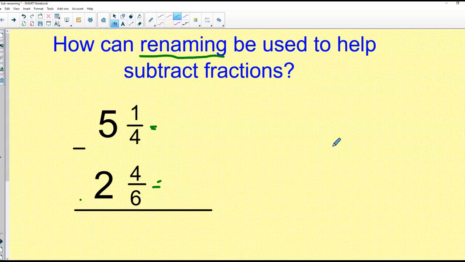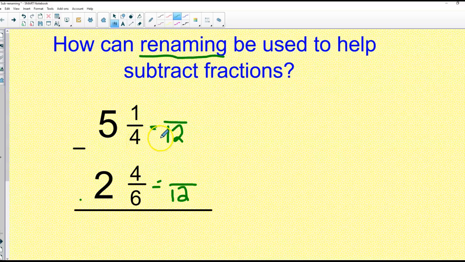And the same of 6 until you find one they have in common. And they actually have 12 in common. That's the smallest one. Now there are other numbers they have in common. Maybe you found 24, maybe you found 36, that's fine. But I advise you as much as possible, find the smallest one, because it'll save you some reducing at the end. It'll give you smaller numbers to use. But if you used another one, that's fine also.